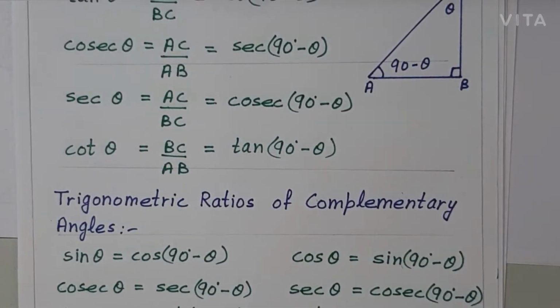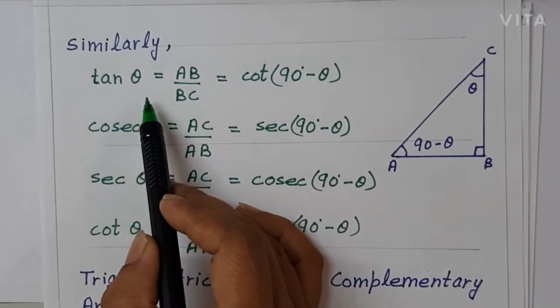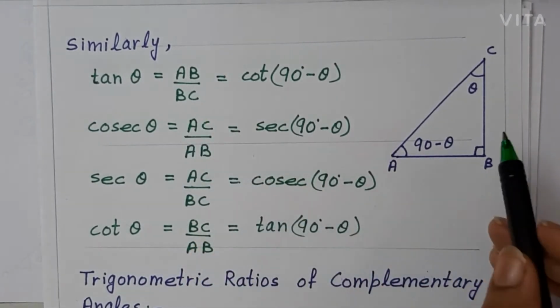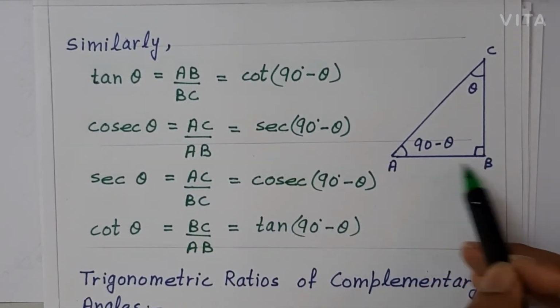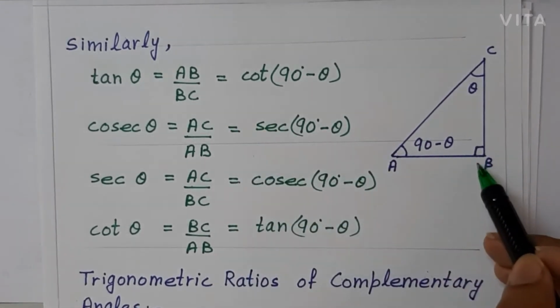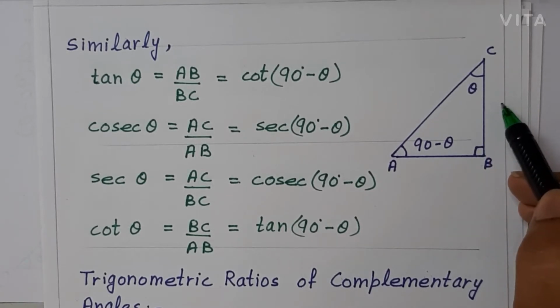Now you can see here, similarly tangent theta is also equal to AB upon BC. Now what is AB here? AB is the side opposite to theta and BC is the perpendicular, or you can say side adjacent to theta.